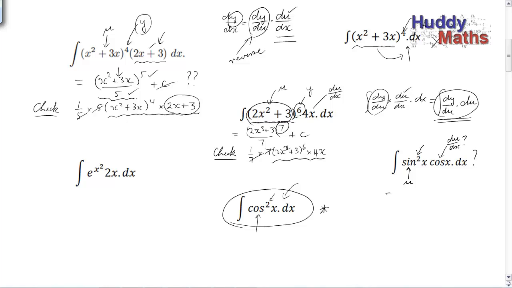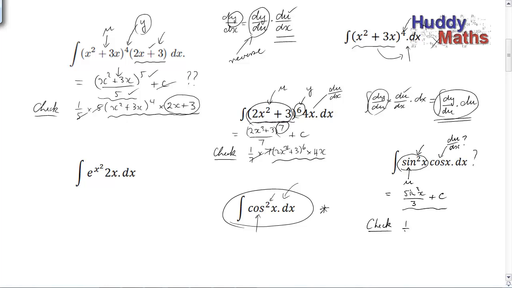So therefore, integrating this, we could just deal with this here, increase the power by 1 and divide by the new power plus c. And then checking it, let's check it again to make sure you're happy.